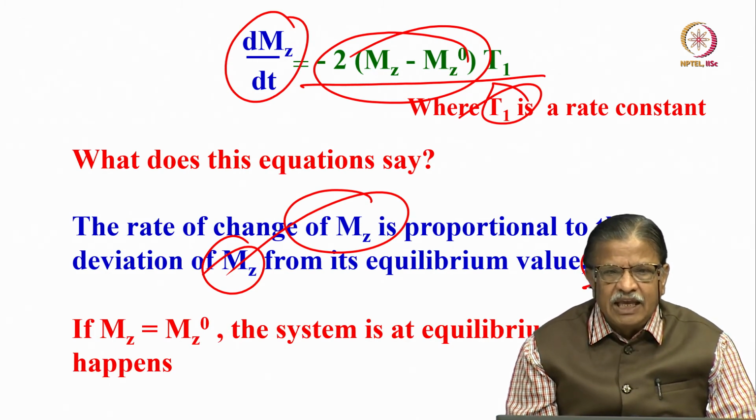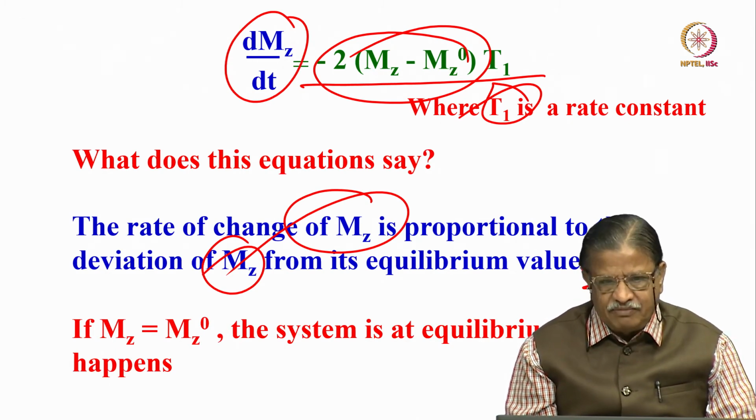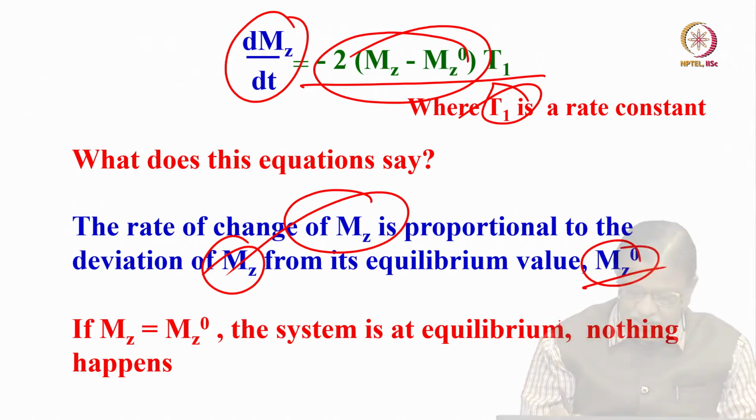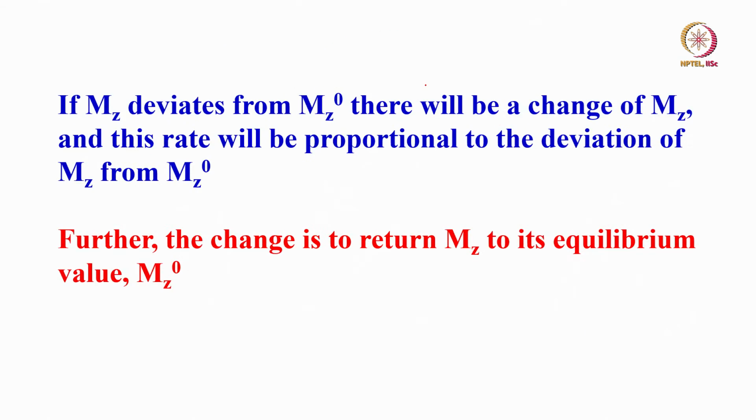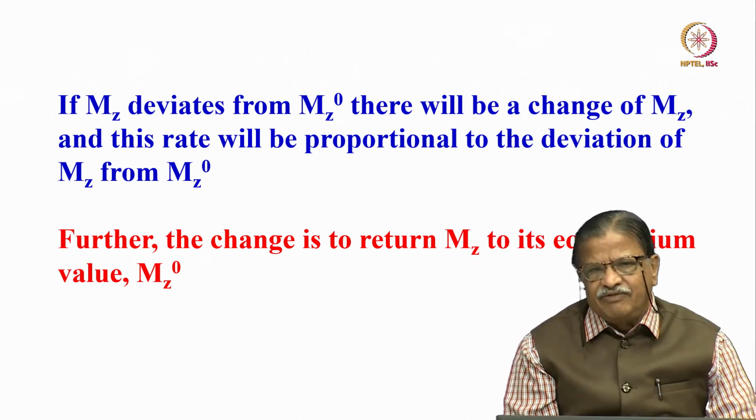Now if Mz equals M0, the state is at equilibrium. We have attained thermal equilibrium. What will happen if you put Mz equal to M0? Nothing will happen. If Mz deviates from M0, there will be a change of Mz.